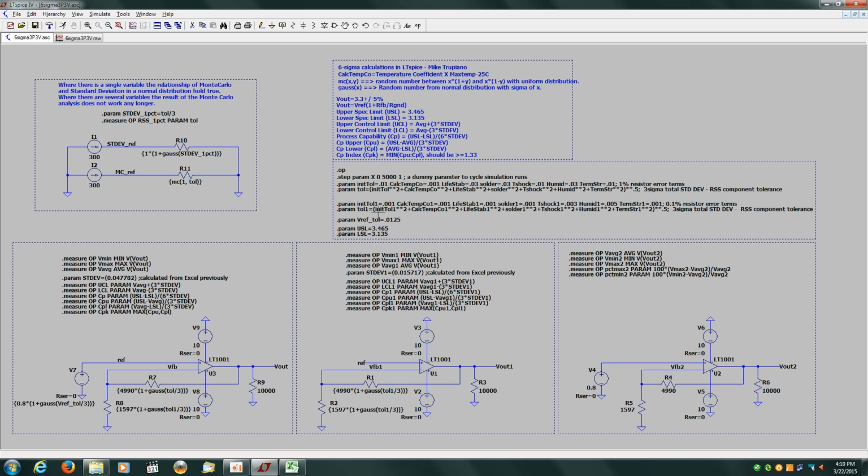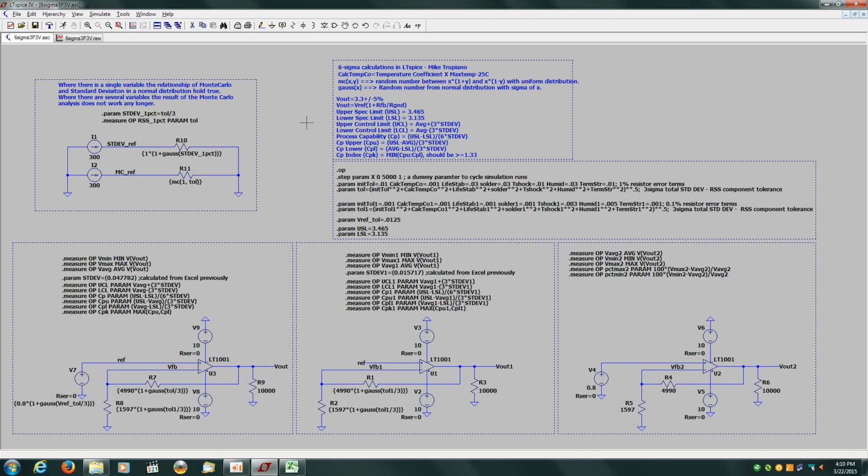The transfer function can be modeled with an op-amp circuit where the output voltage equals the reference voltage times 1 plus the feedback resistor value divided by the value of the resistor that goes to ground.